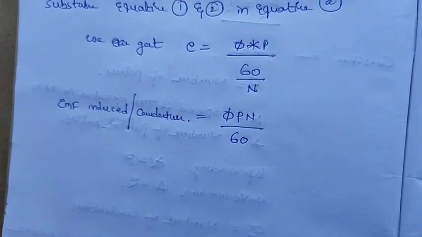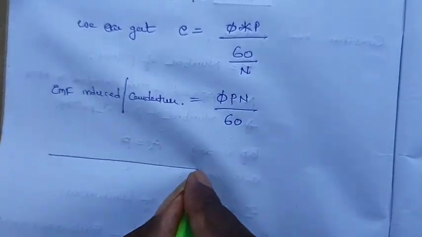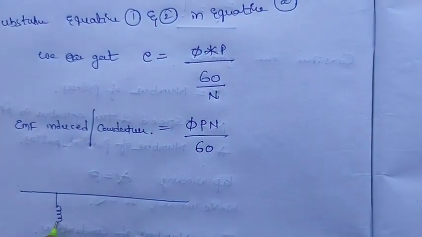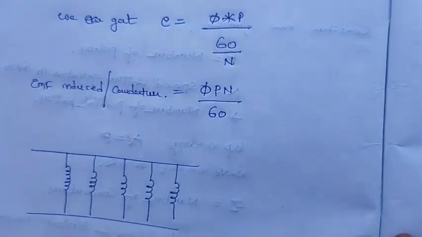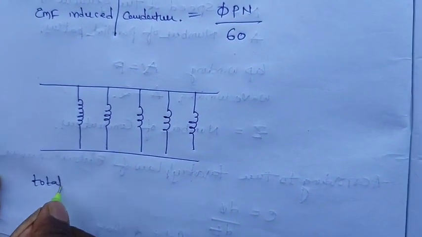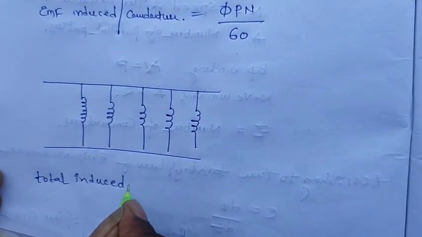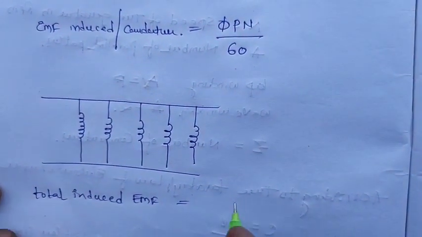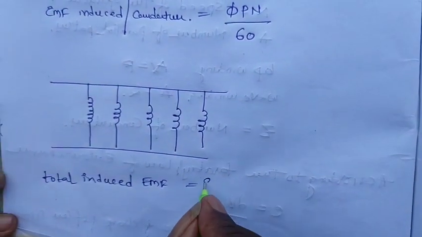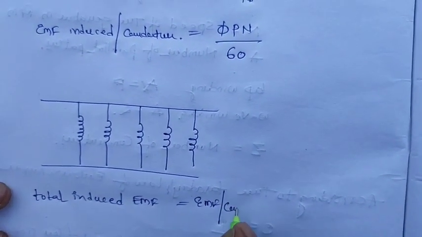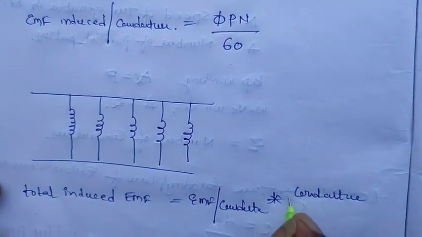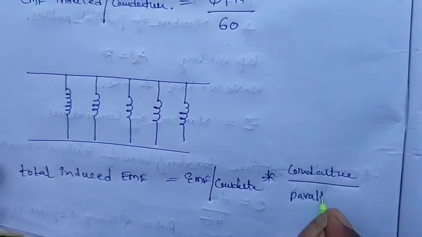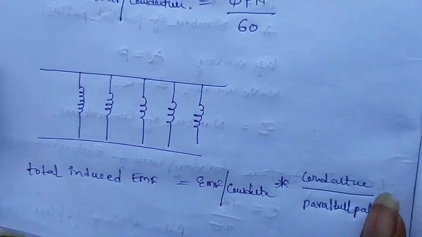We have windings, and these are the parallel paths. The total induced EMF equal to induced EMF per conductor into conductors per parallel path.